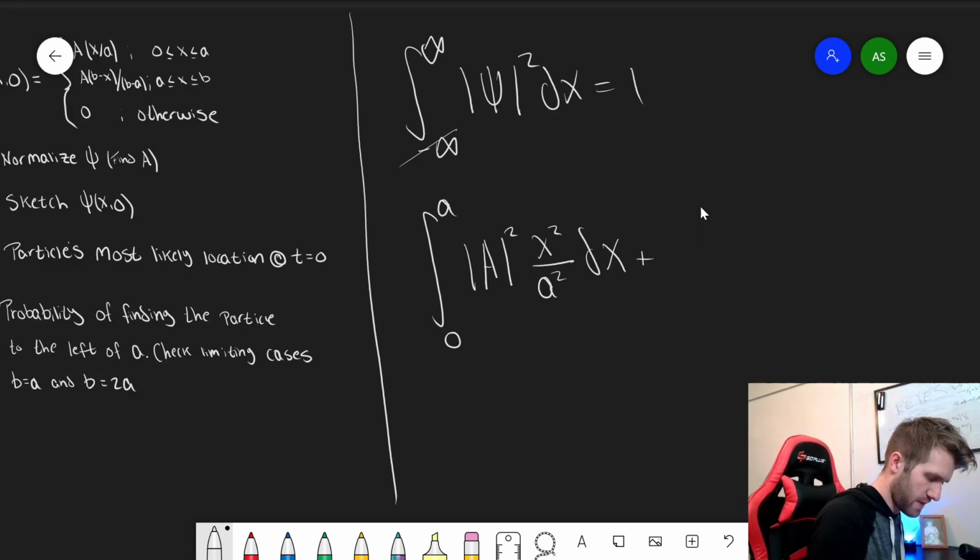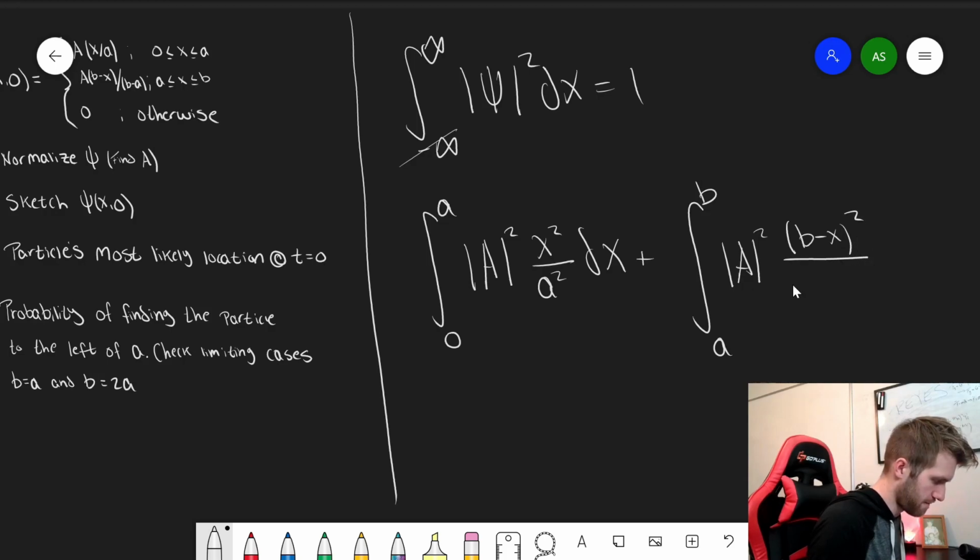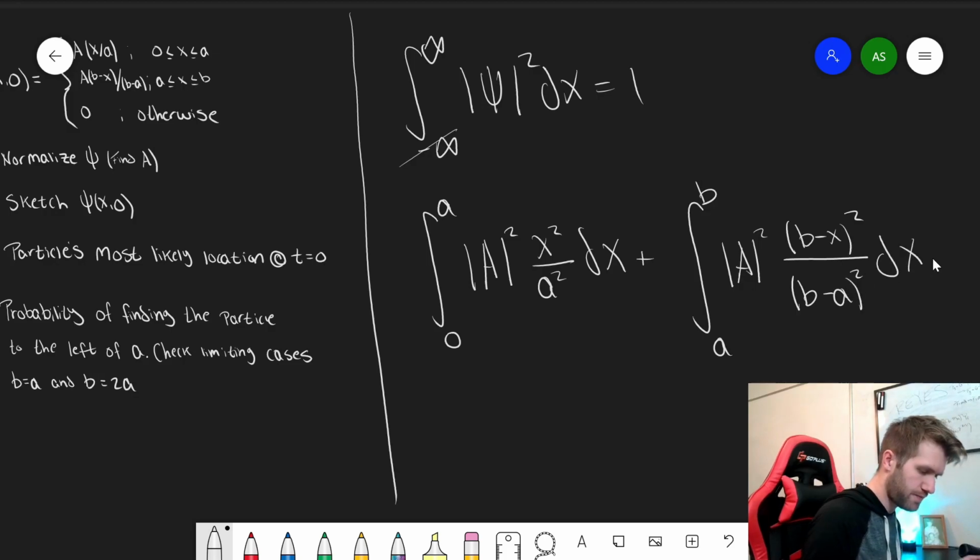So changing our bounds from a to b, where we have, yet again, A squared times b minus x squared over b minus a squared with respect to x.